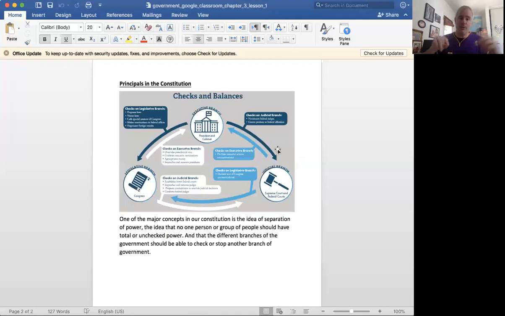The Supreme Court, the 3rd branch, can strike down stuff that either of those two do. Executive orders, which are temporary, and laws by Congress can be struck down by the Supreme Court. So these guys all have to be working together for stuff to get done. It was intentional that way.